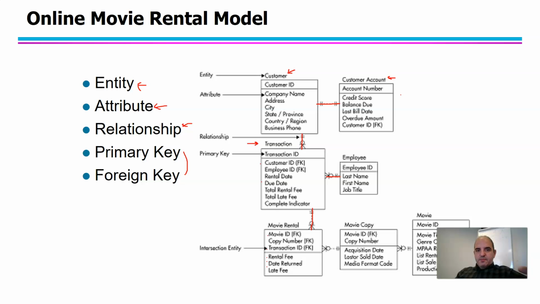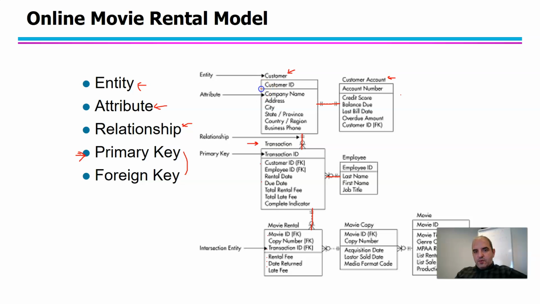I mentioned them before, but let me repeat one more time. We must have one or more than one attributes that we can use to distinguish each instance from the others. Okay, so it is called primary key, and in this notation primary keys are written inside the rectangle in the upper part of the line.